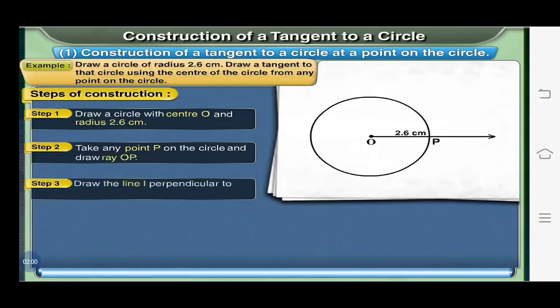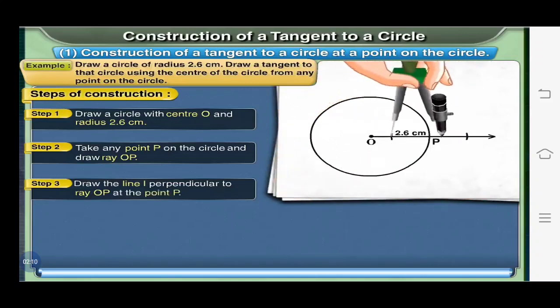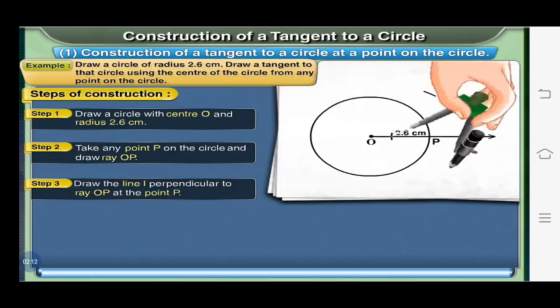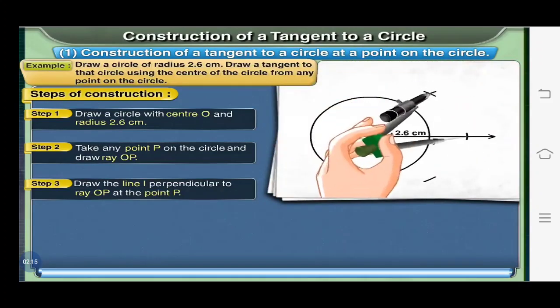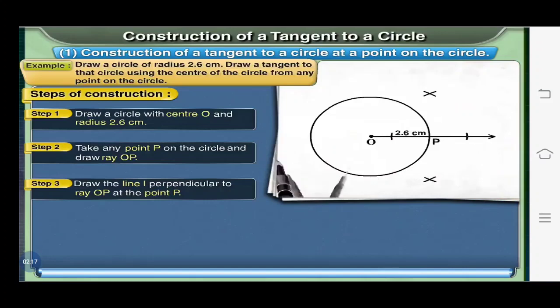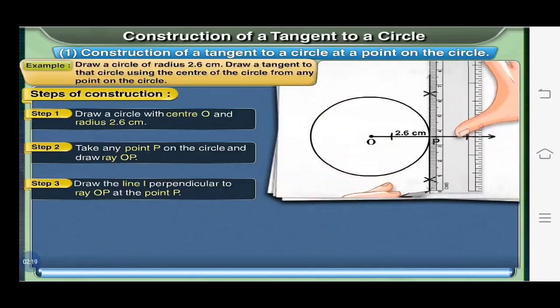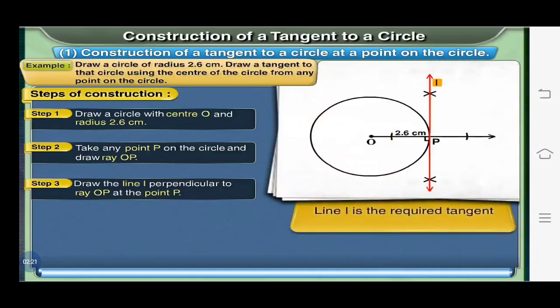Draw the line L perpendicular to ray OP at the point P. Line L is the required tangent to the circle at point P.